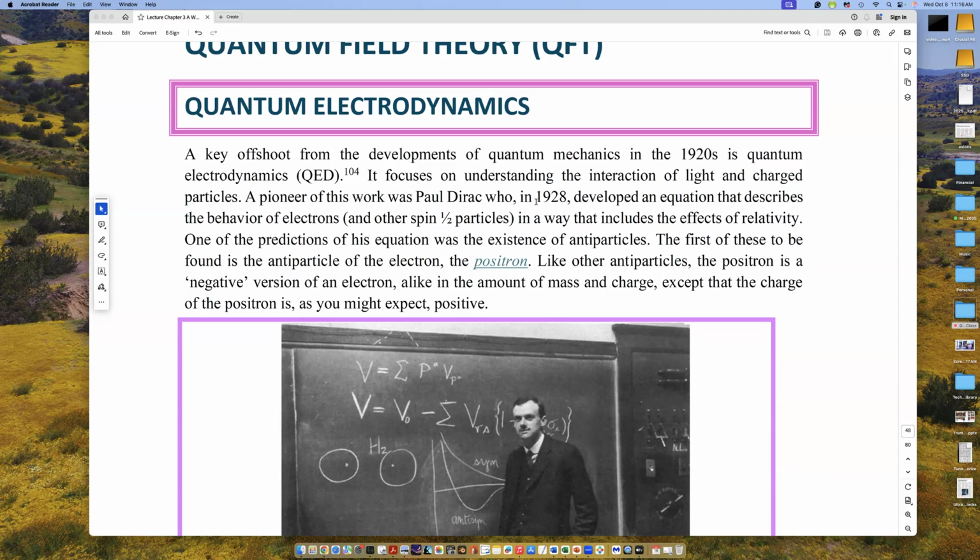In just a few lines, Dirac was able to capture the behavior of how electrons interact with matter.